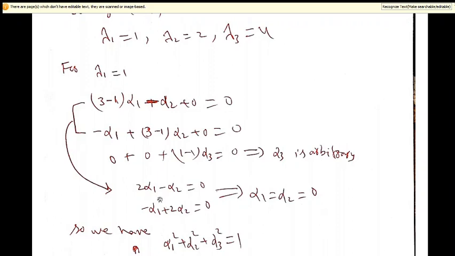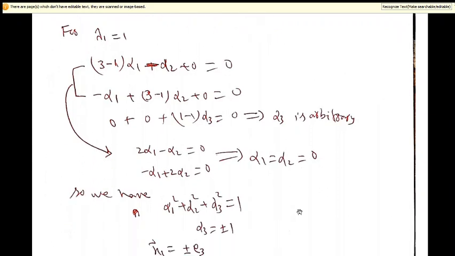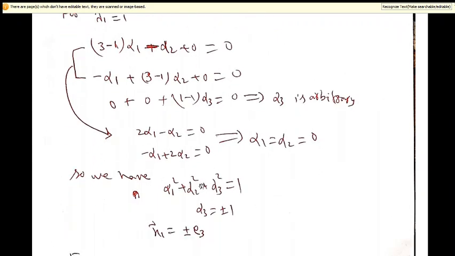So this system has only the trivial solution, alpha 1 and alpha 2 equal to 0. So from the normalization equation, alpha 1 square plus alpha 2 square plus alpha 3 square equals 1, with alpha 1 and alpha 2 being 0, we are left with alpha 3 equal to plus minus 1. So the first principal direction is n1 equals plus minus e3.